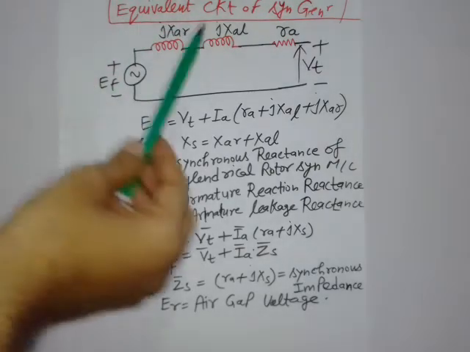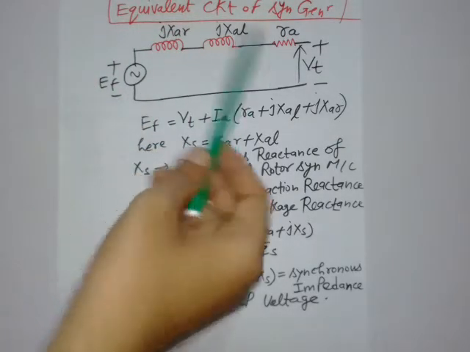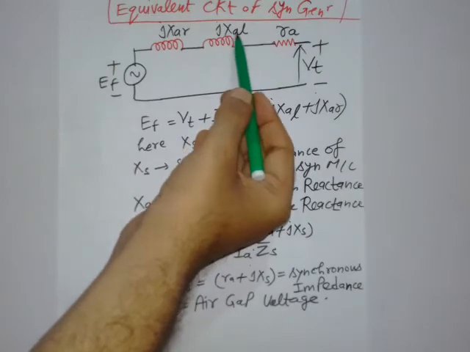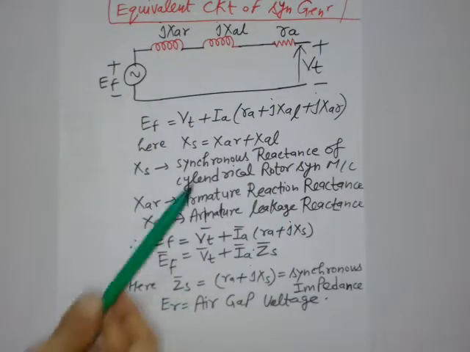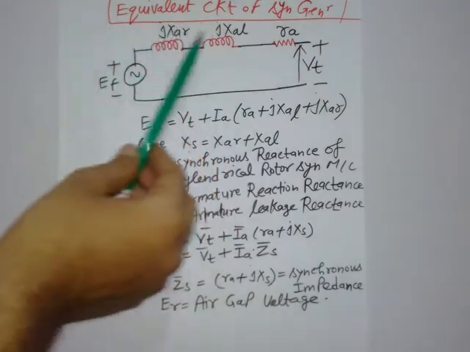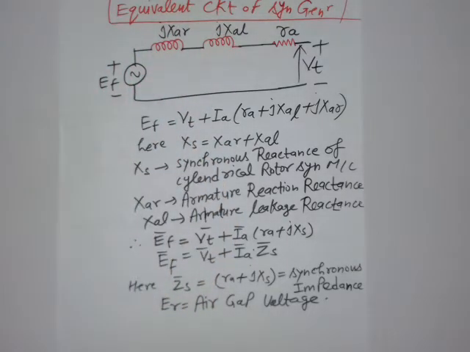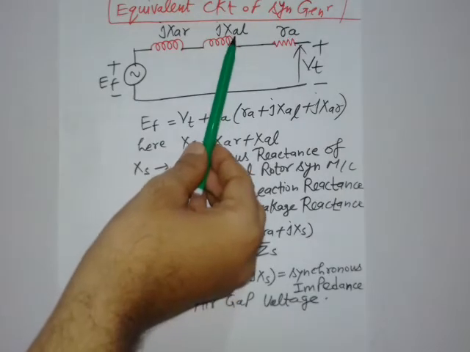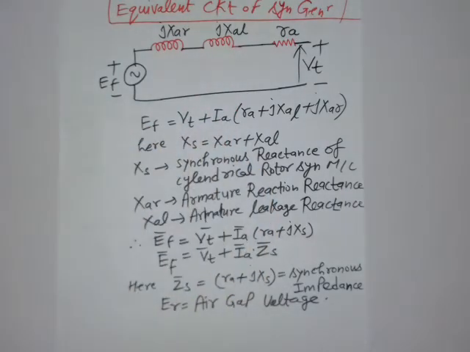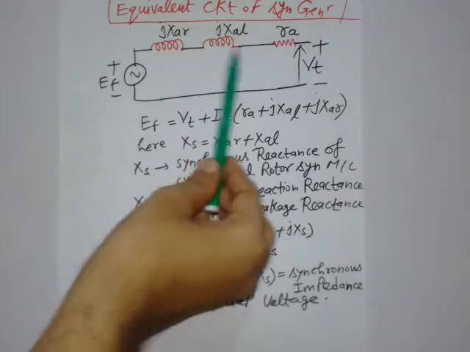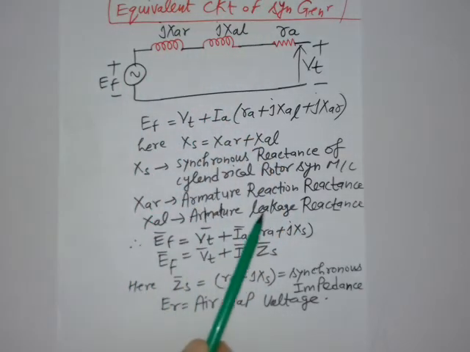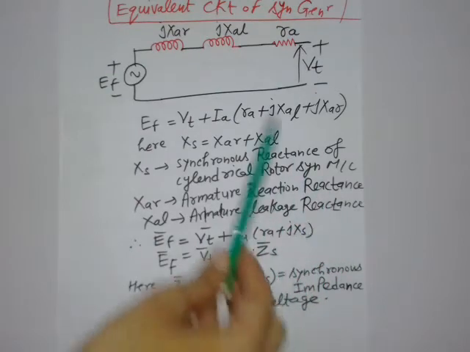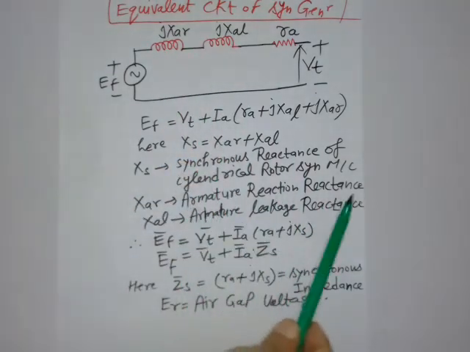And this one is XAL, the representative of armature leakage flux. The suffix AL represents armature leakage, so XAL is known as armature leakage reactance, and XAR is armature reaction reactance.